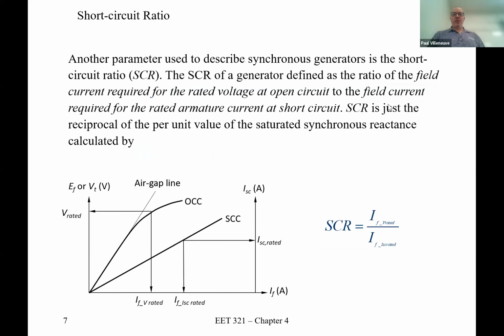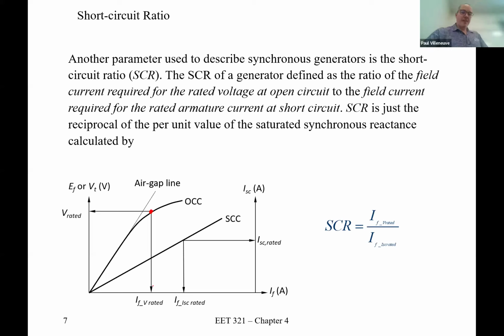So here's our short circuit ratio, and it's just a ratio. It's defined as the ratio of field current for the rated voltage at open circuit conditions to the field current required for rated armature current under the short circuit conditions. So you have to come up with, here's my rated voltage.